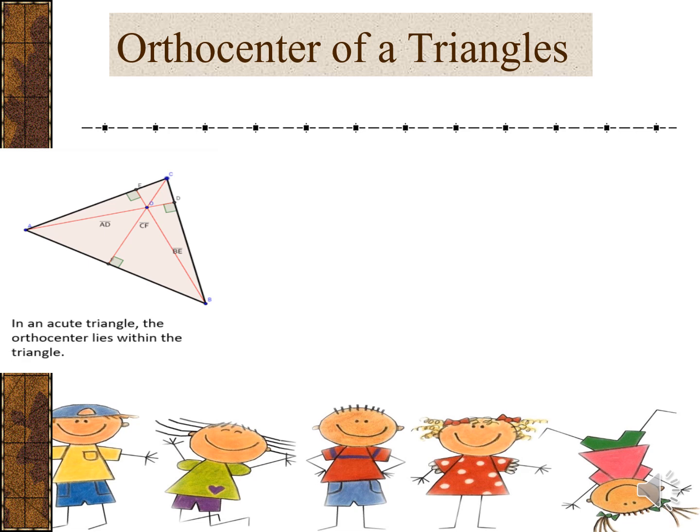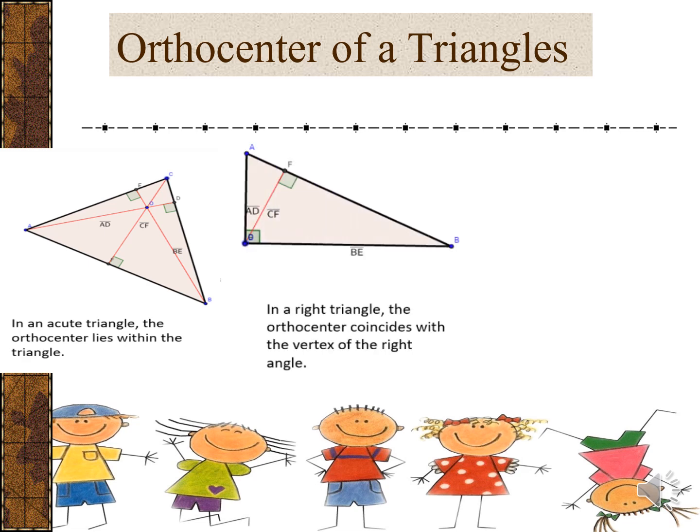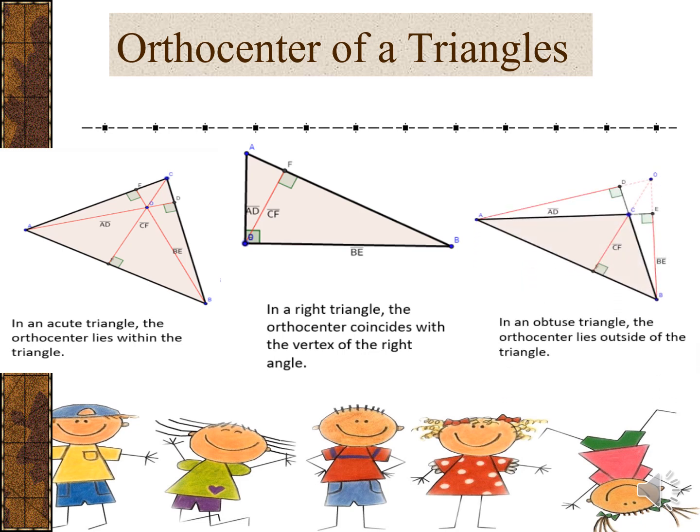The orthocenter of an acute triangle lies within the triangle. In a right triangle, the orthocenter coincides with the vertex of the right angle. In an obtuse triangle, the orthocenter lies outside the triangle.